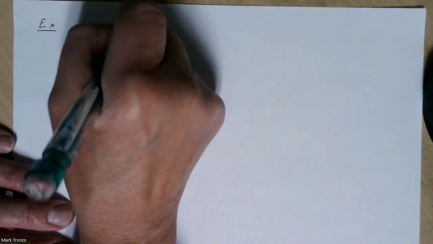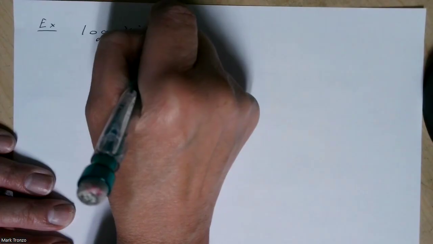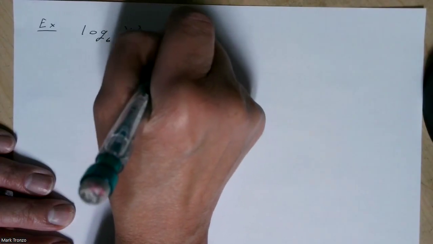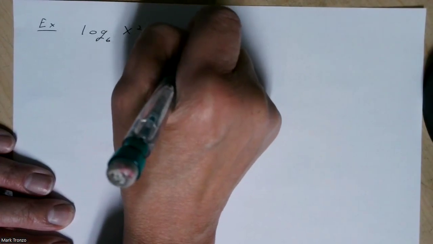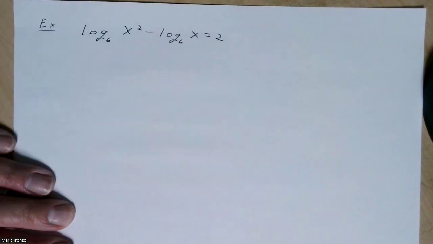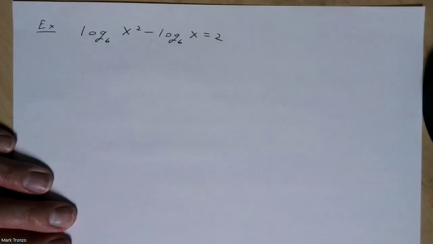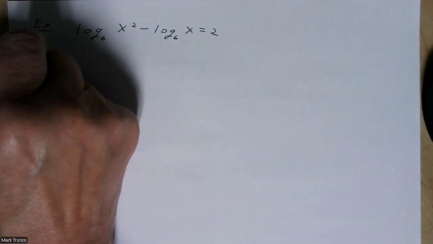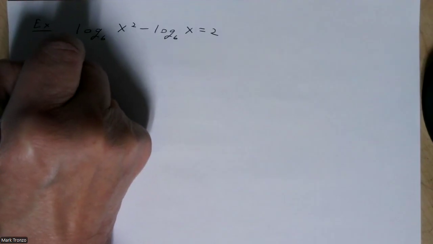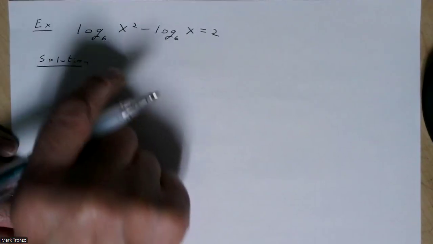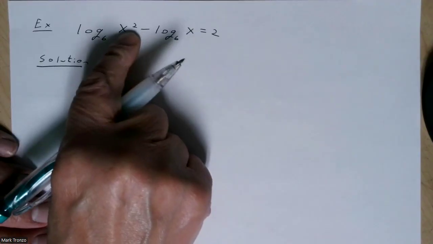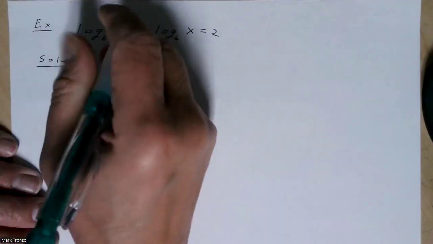Let's take a look at this example. Once again, we're trying to solve for x. So again, we can take the quotient of this.